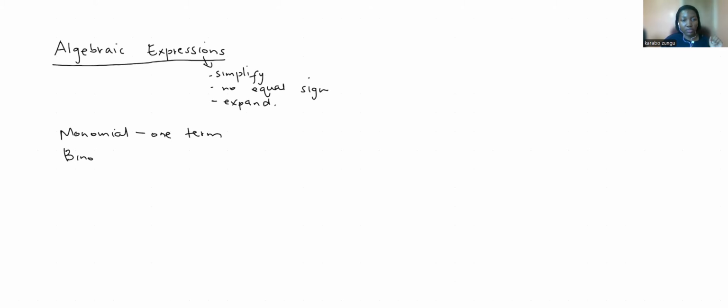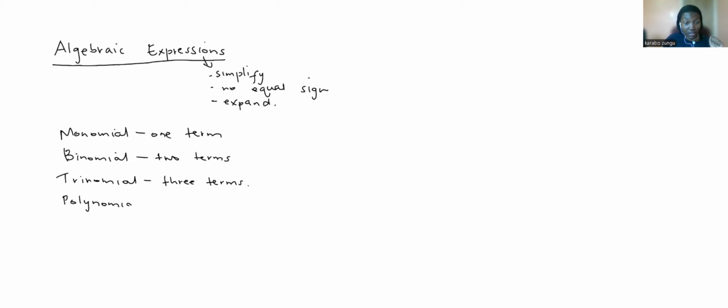A binomial consists of, bi means two, so a binomial consists of two terms. And then we have a trinomial, which consists of, tri means three, so a trinomial consists of three terms.